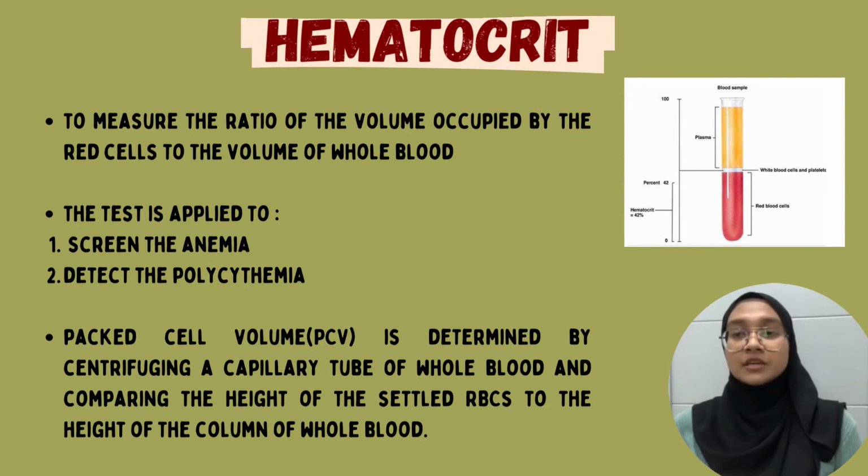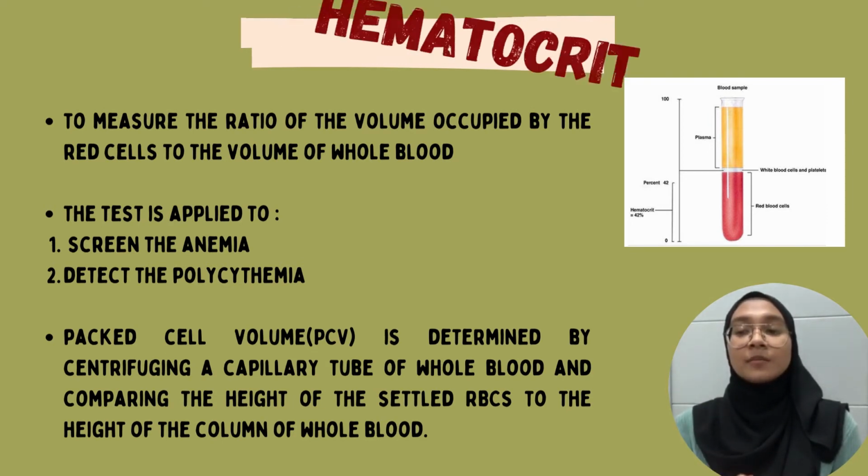Hematocrit measures the ratio of the volume occupied by the red cells to the volume of the whole blood. This test is applied to screen for anemia and detect polycythemia, while packed cell volume, which is PCV, is determined by centrifuging a capillary tube of whole blood and comparing the height of the settled RBC to the height of the column of whole blood.